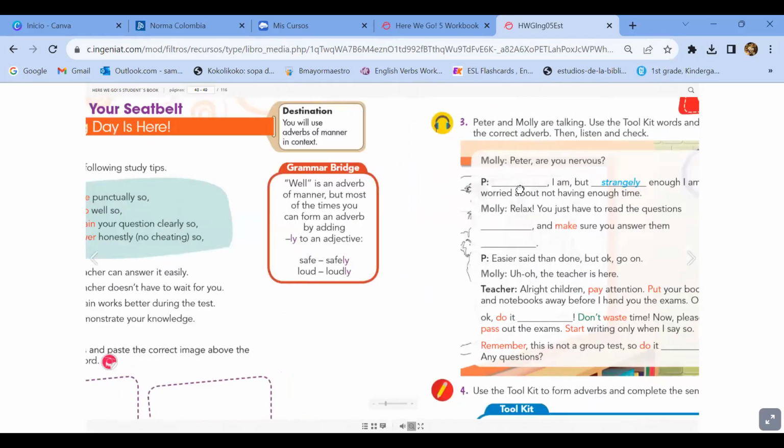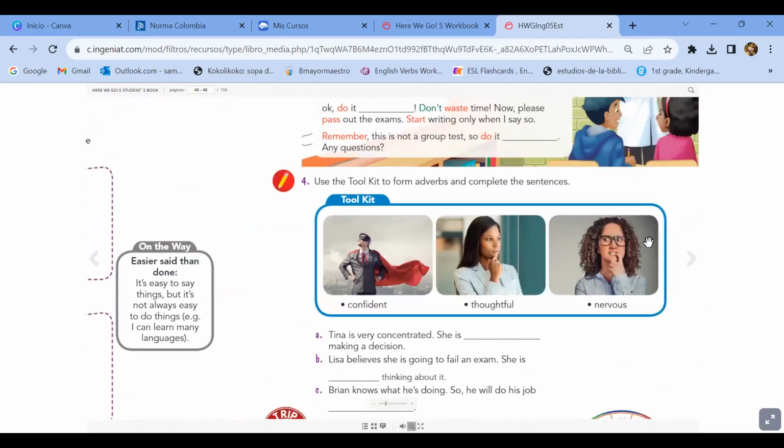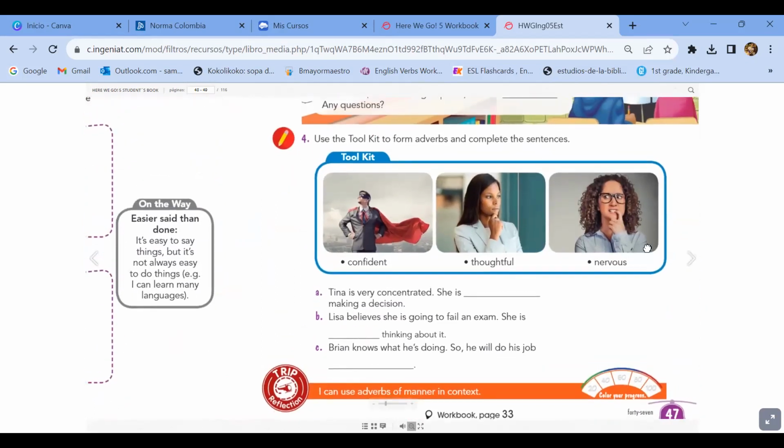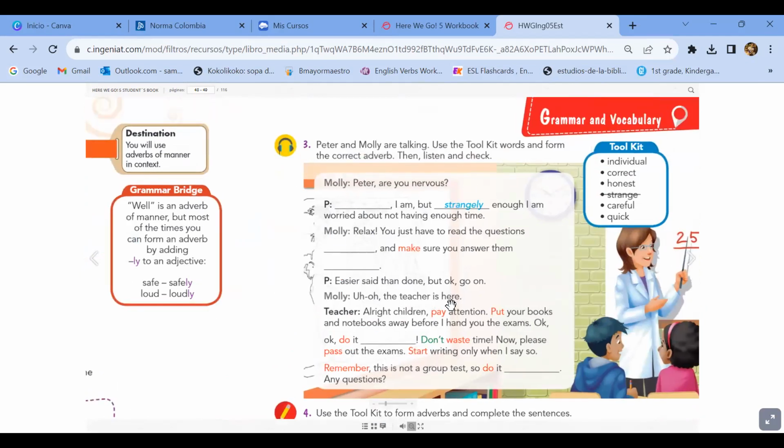Okay. Here, you are going to read on page number 47, in activity number 3. You're going to do this activity. You're going to read the text and put the words in the correct line, but you are going to change them into adverbs.